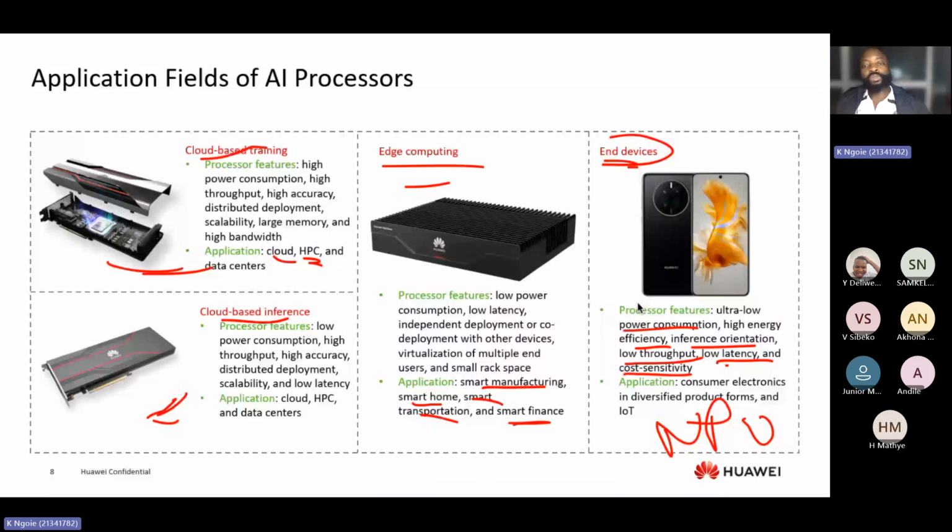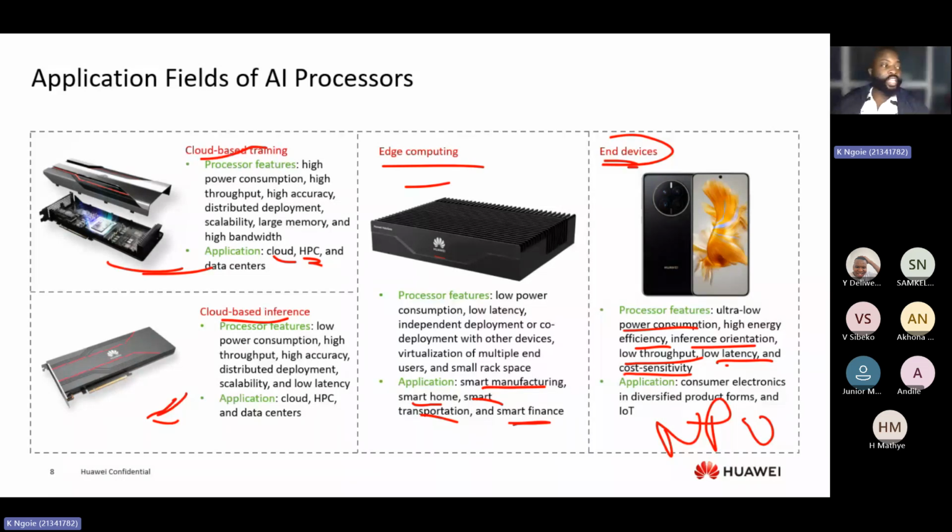What's next? We have the cloud-based inference. Cloud-based inference means that we are already using the model. So we now use the model to predict whatever we're trying to predict.